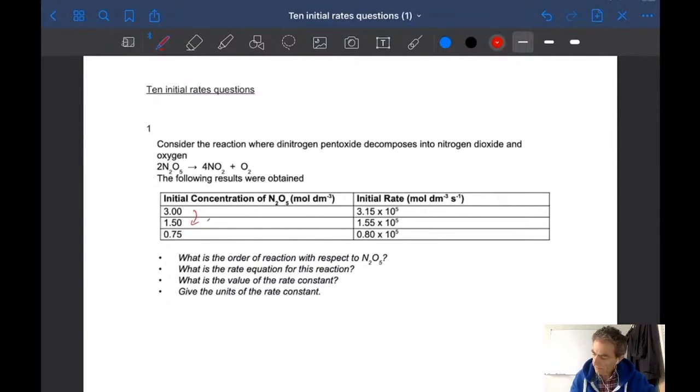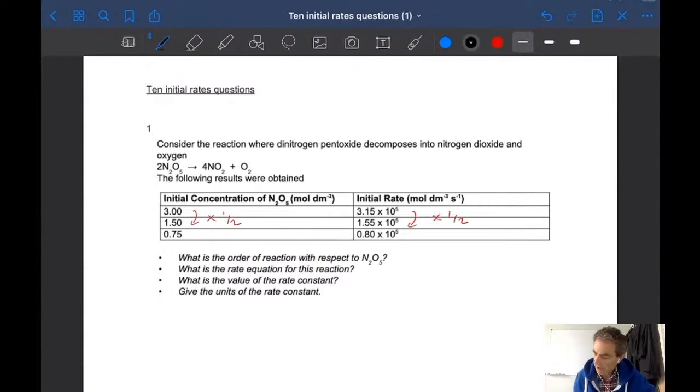It's halved, to go from 3 to 1.5, as you'll see here. The change in the rate is also halved. So the rate's doing the same thing as the concentration change, and therefore it's first order with respect to N2O5.